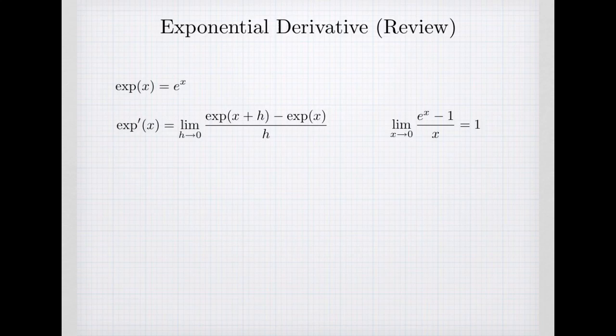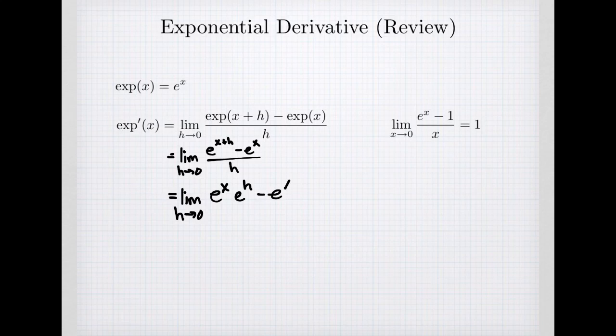This is equal to the limit as h goes to 0 of e to the x plus h power minus e to the x, all over h. And what I do is I use the identity of exponentials to rewrite that as the limit as h goes to 0 of e to the x times e to the h minus e to the x, all over h.